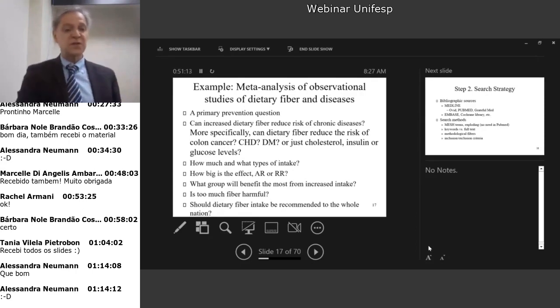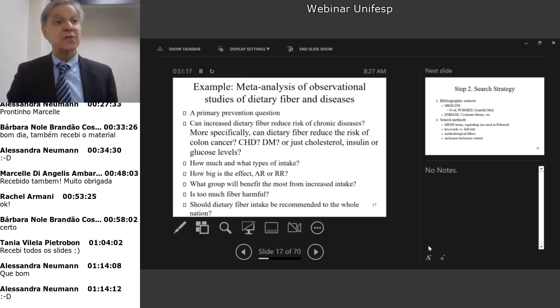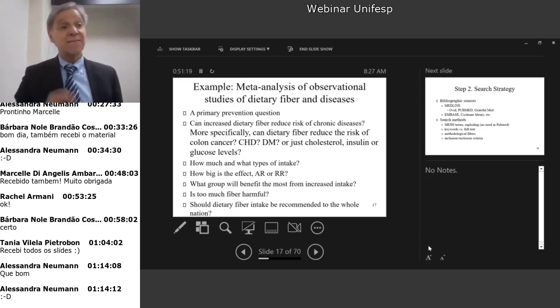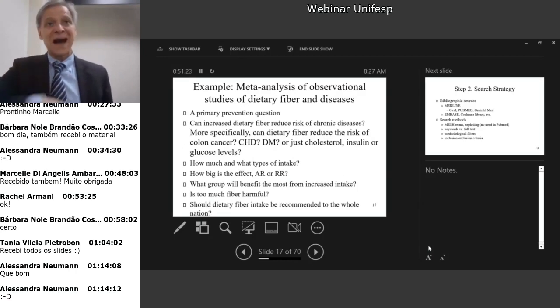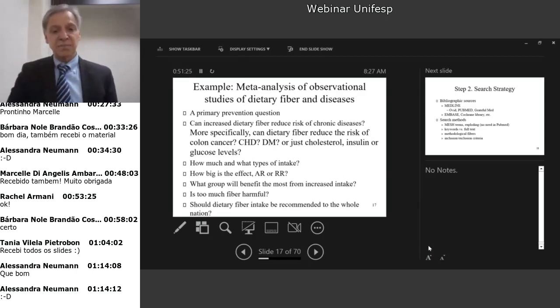Because in an observational design of dietary fiber, you're going to rely on food records or food frequency questionnaires. And they are very good, especially food frequency questionnaires, at classifying people as high intakers versus low intakers. But they are terrible at telling what the amount of intake is. You follow that? So to do meta-analysis using the right type of study, you also need to understand the subject matter a little bit.